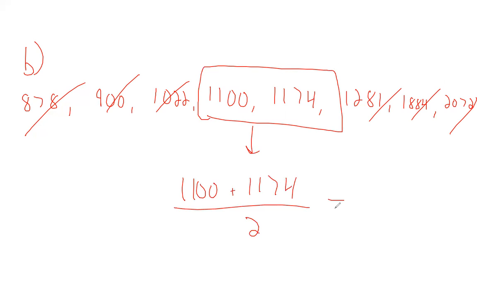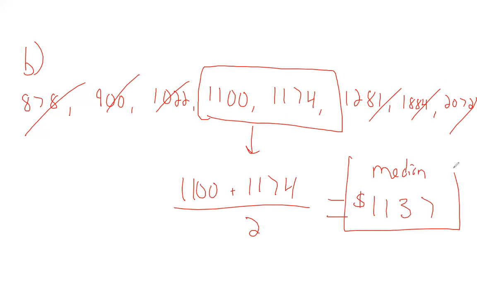That's our median. 1100 plus 1174, divide by 2, gives 1137 dollars. Good there? Cool.